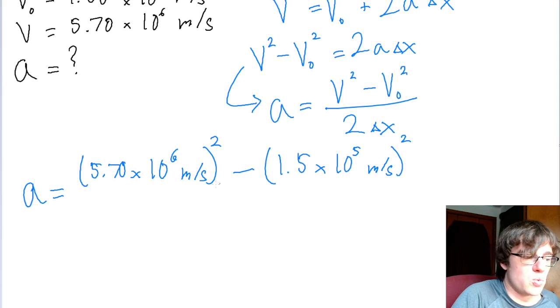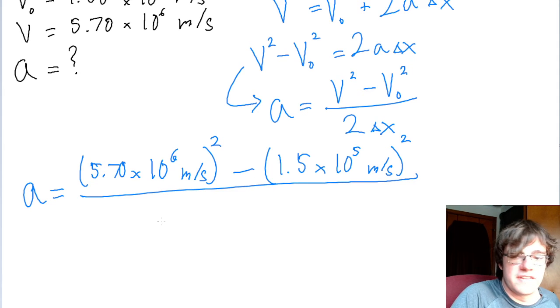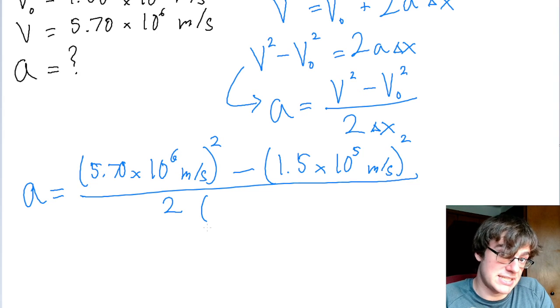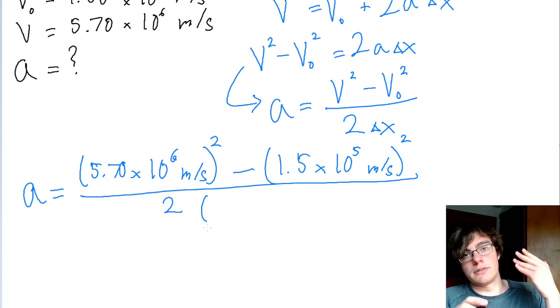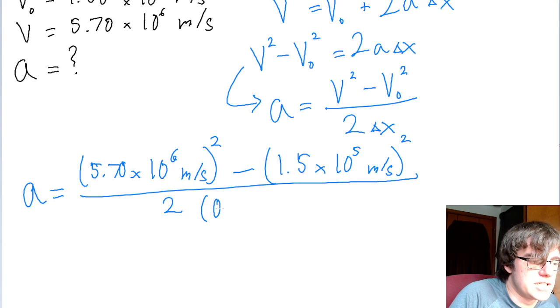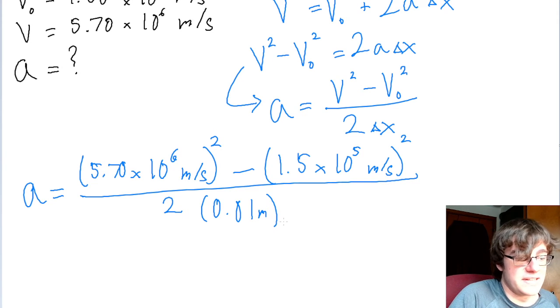Square that whole term as well. And then divide all of it by 2 multiplied by, in meters, to keep the units consistent, the length of the region, the delta x, the change in x, which is 0.01 meters. And no squaring has to be done in that denominator.